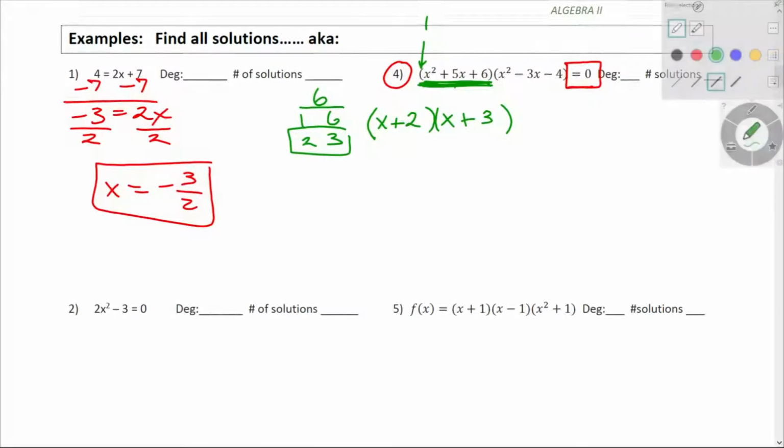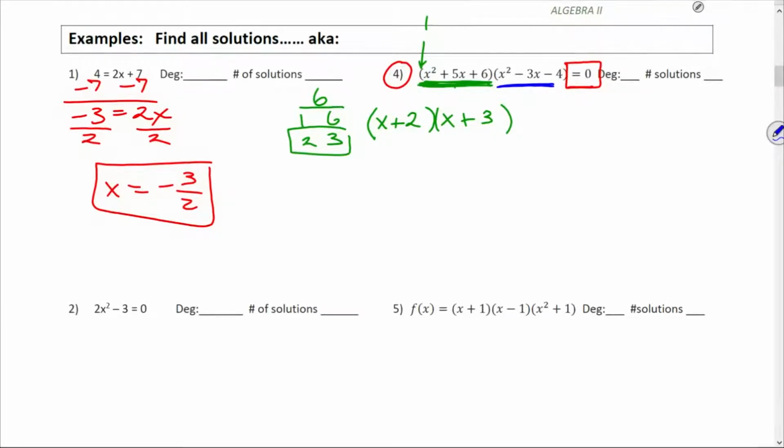All right, so I'm just factoring. Now we'll look at this one right here. It's a trinomial, the leading coefficient is 1, so it's the simple ABC method. I have two binomials, x and x. I'm looking for two numbers that multiply to be -4, so one's negative and one's positive, and the bigger one will be negative because it's -3.